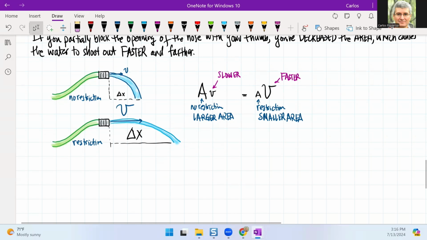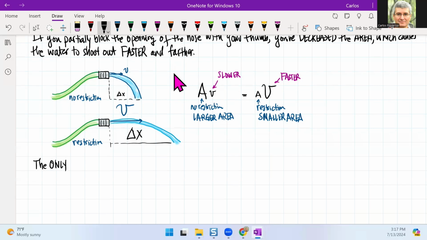Now, here's the whole reason why I wanted to do this. The only way to change the speed of the water is a pressure increase.